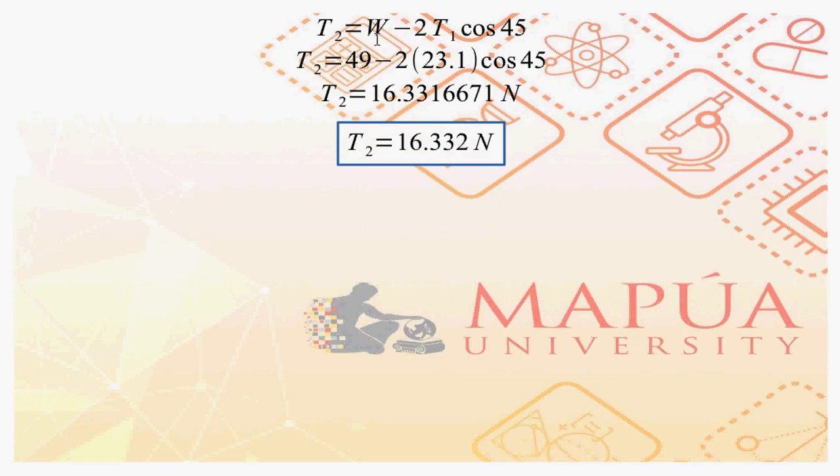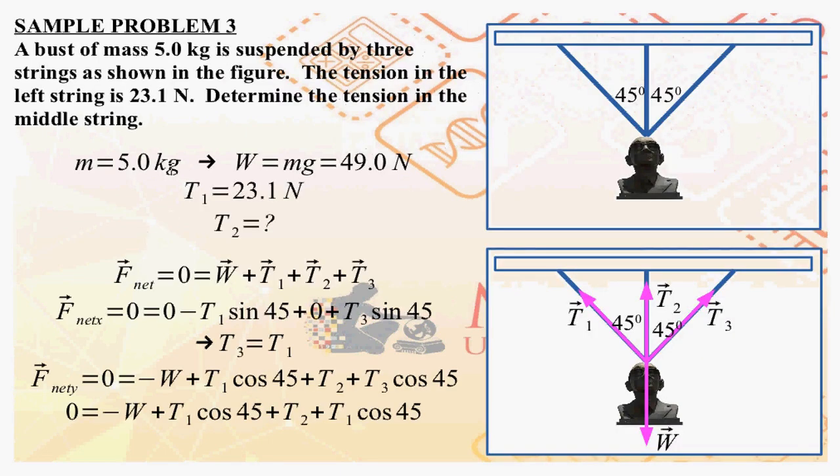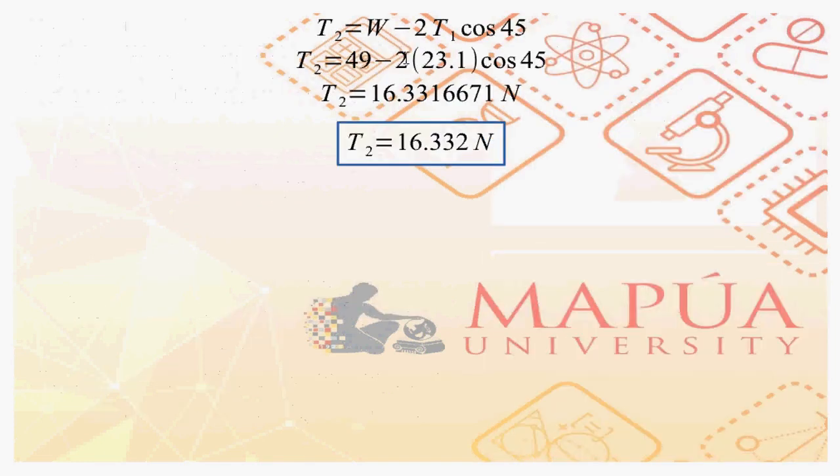We know W. We know T1. W, 49 newtons. T1, 23 newtons. Plugging in the values, we are able to calculate the tension T2, the tension in the middle string, 16.332 newtons.